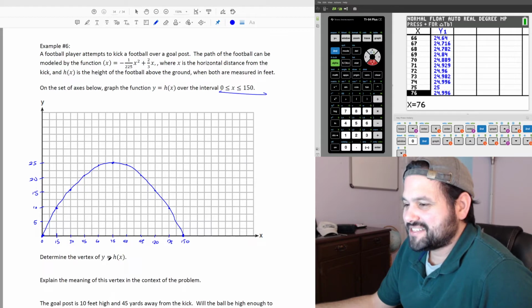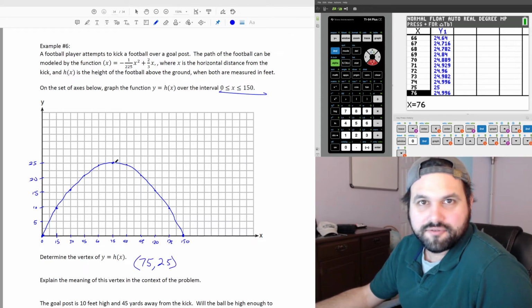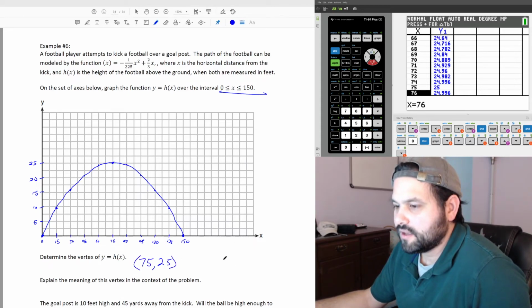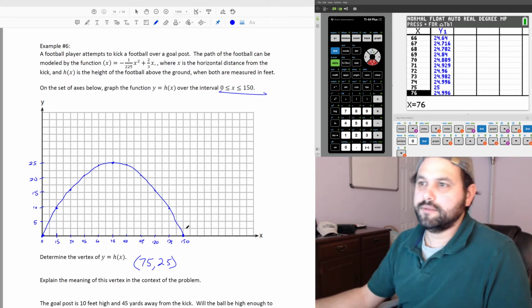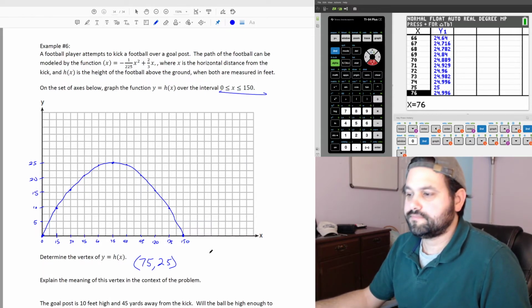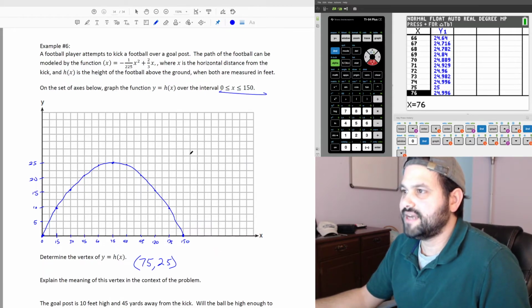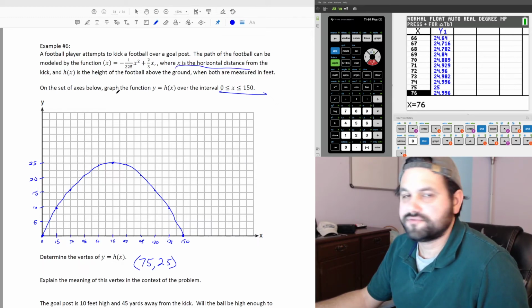Determine the vertex of y equals h of x. So what was the vertex? 75, 25. That was the turning point right here, right up here at the top. Explain the meaning of this vertex in the context of the problem. So what is the problem talking about? What do these numbers mean? So what is the x? The x is the horizontal distance from the kick.